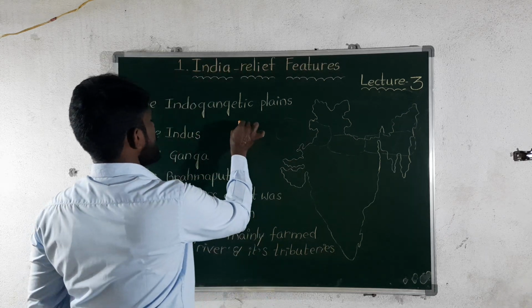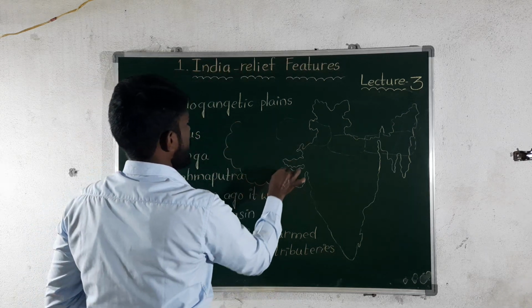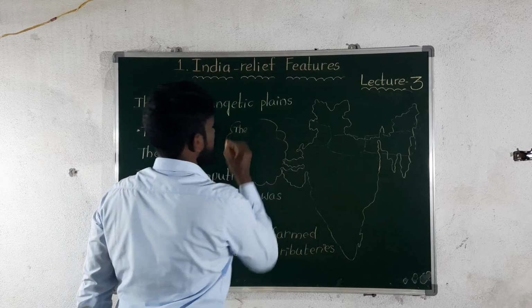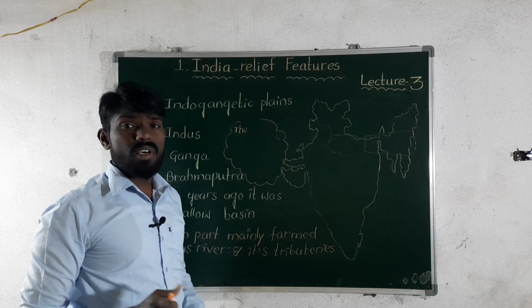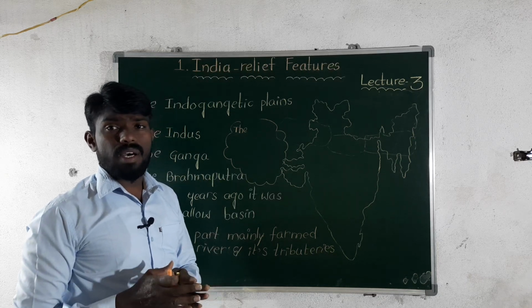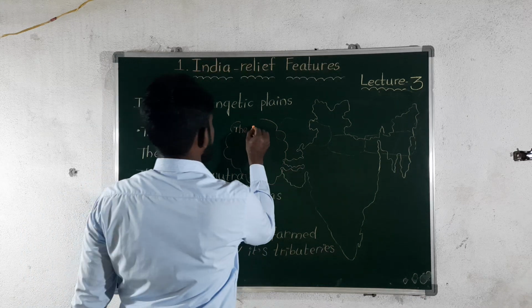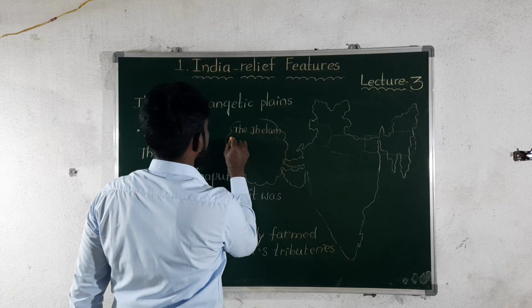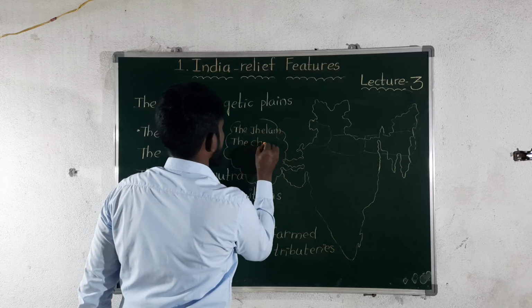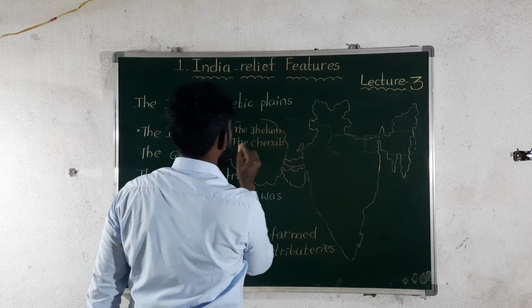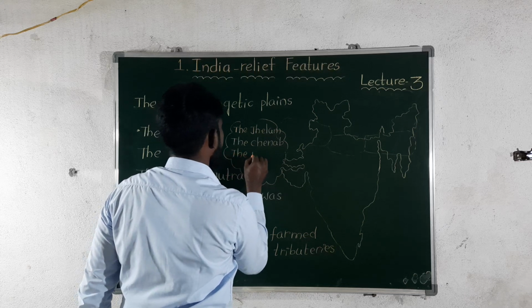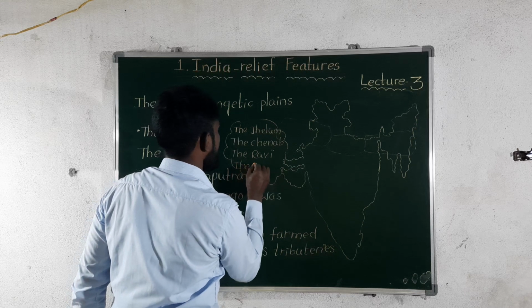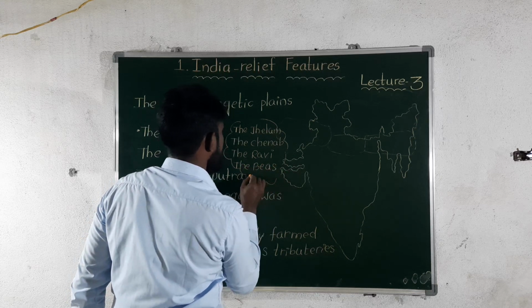What are the tributaries of the Indus River? The first one is the Jhelum, the Chenab, the Ravi, the Beas, and the Sutlej.